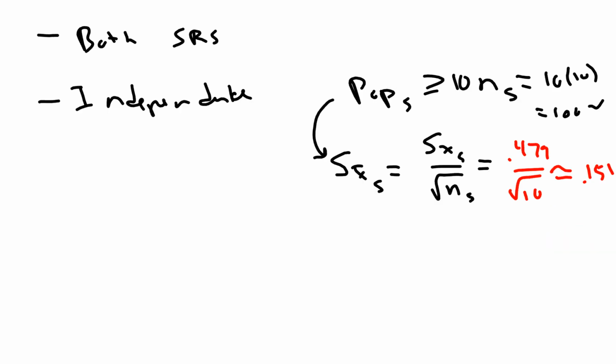You're not done. You have to check also for the population, or say that the population of all novice rowers has to be greater than 10 times the sample size of the novice rowers, which is 10 times 8 or 80.